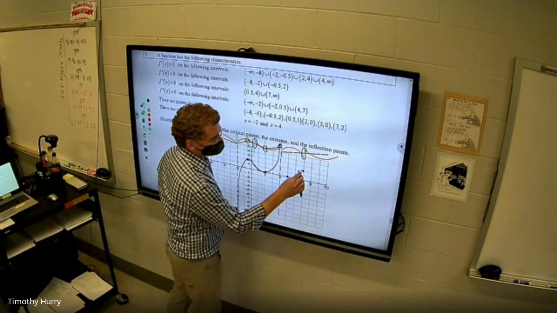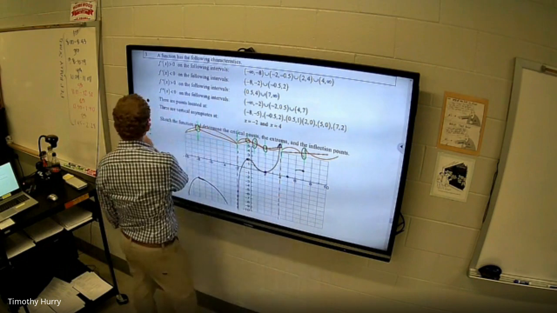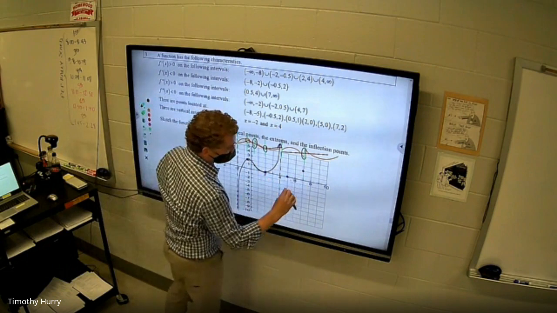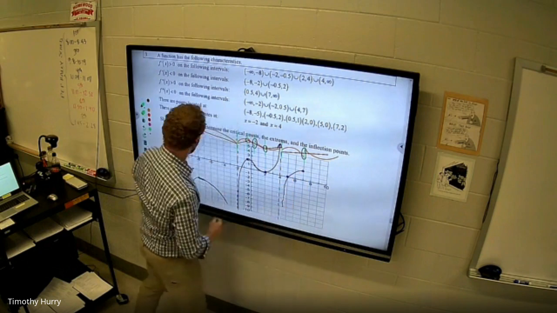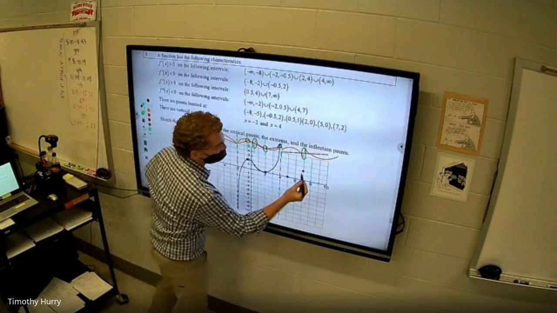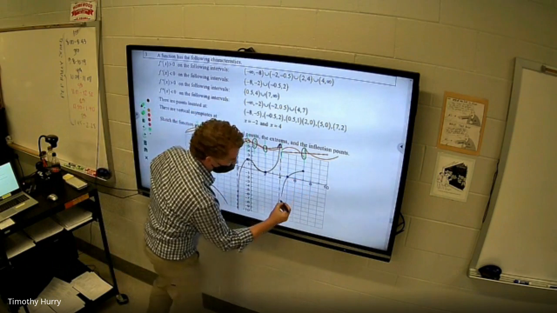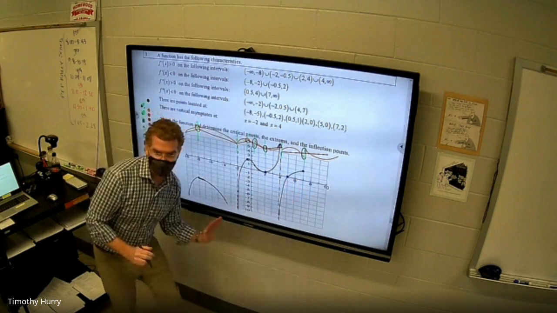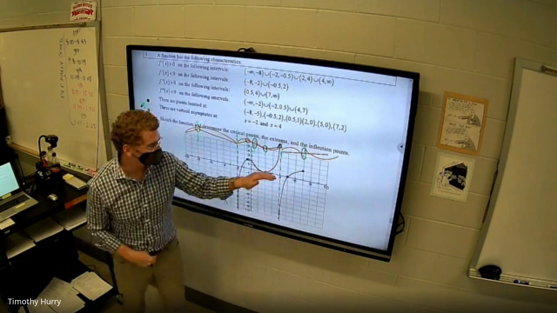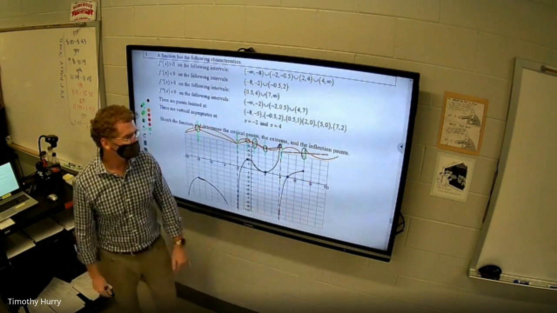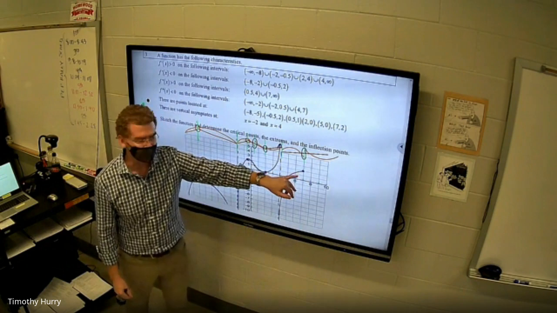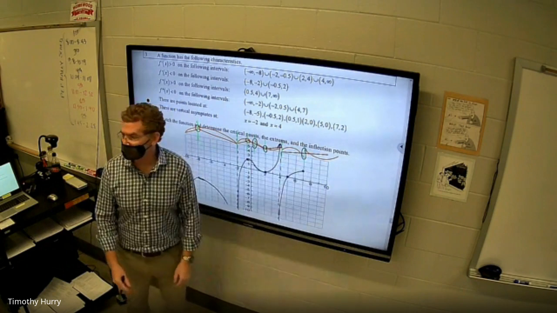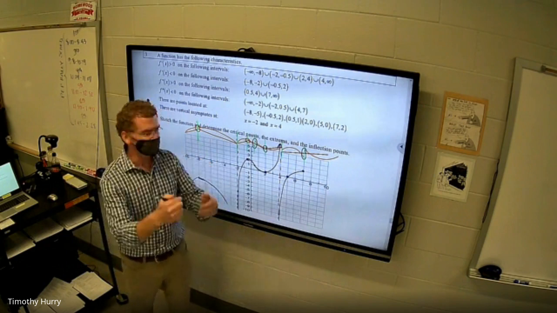So here it would have to be increasing and concave down. Does that kind of meet those conditions? Increasing and concave down until you hit that high point. Actually, that's not a high point, but until you hit that inflection point, and then what happens? Still increasing, but now concave up.